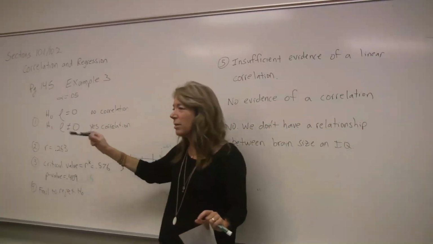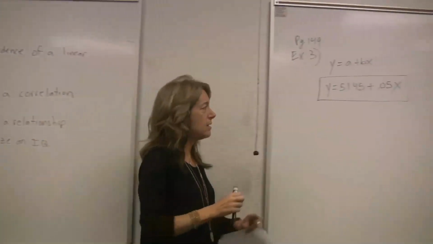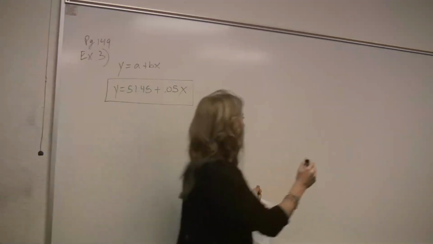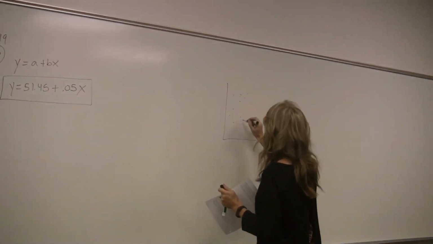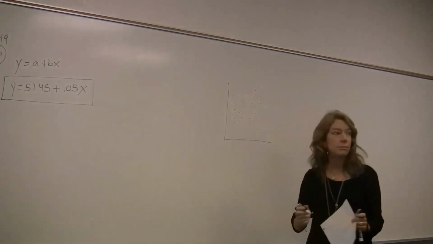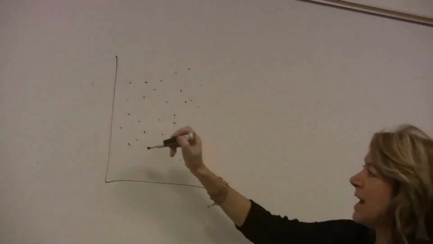There might be a little bit of a positive, but not very much. And so this is like the best line they could draw through that data. So imagine, I'm going to do a rough sketch of it, I don't know that this is it. Imagine that my data looks like that. And so then we got this line, and the line looks like this.